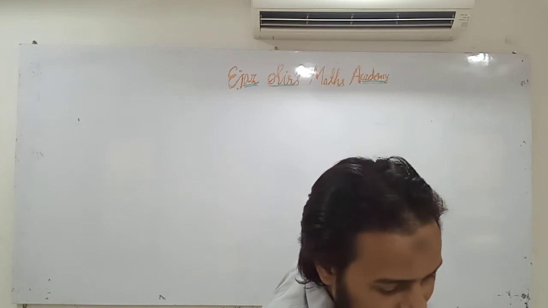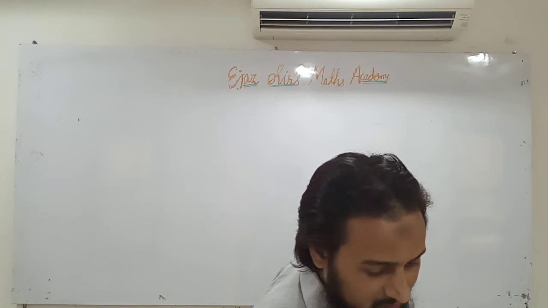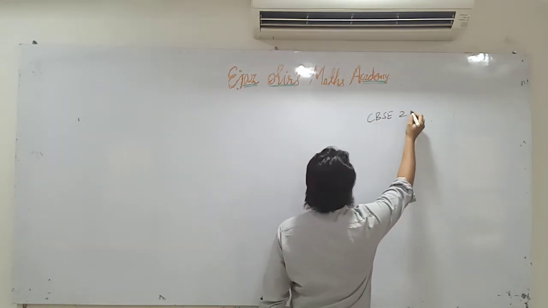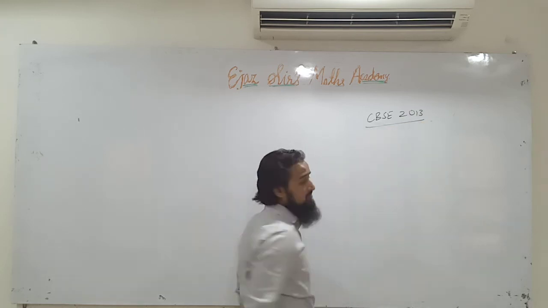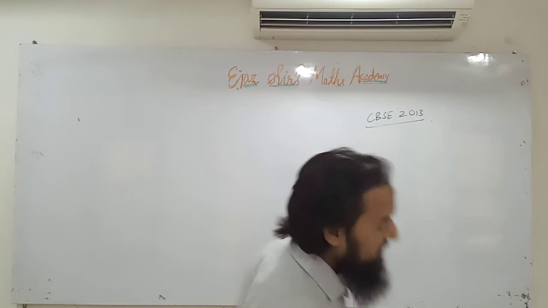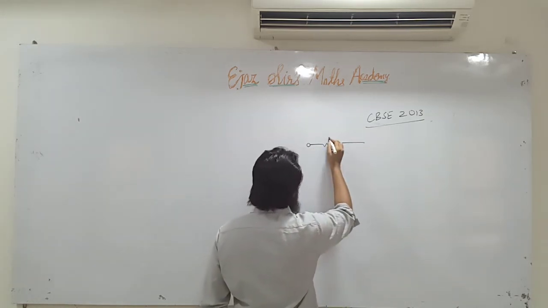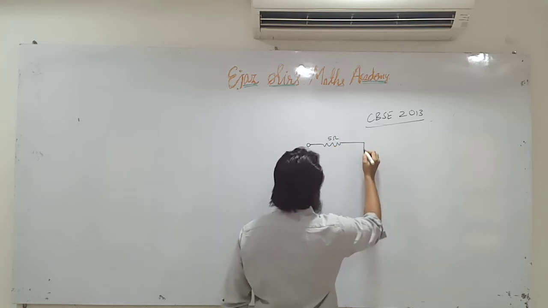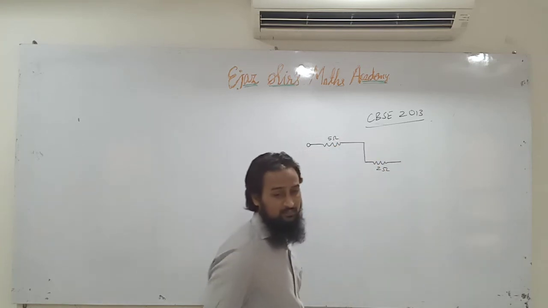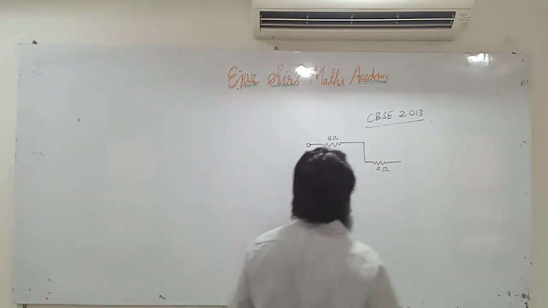Calculate the equivalent resistance of the network. This also came in CBSE 2013 board exam. Let us hope that this question will be given completely. 5, 2, okay. So there is one 5 ohm resistor. Then it comes down. Here it is 2 ohm resistance. And then parallel combination is giving us 3 and 2.